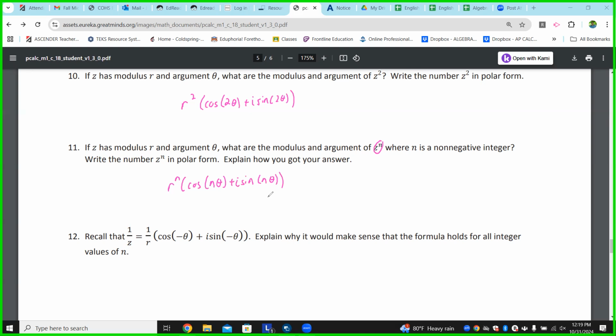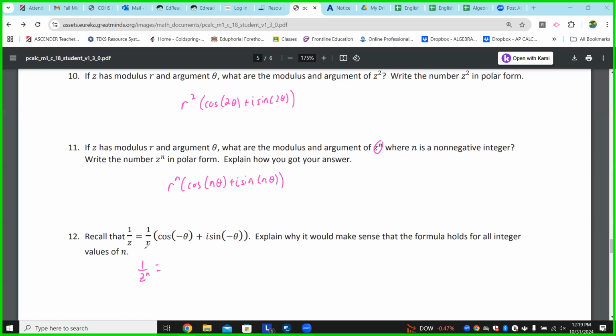One little last part here. When talking about dividing, is this going to be the same concept? If it's 1 over z, this is going to be 1 over r. And then remember to find its theta, we take 360 minus the theta. So this can be the same concept as 1 over z to the n. What this means is if you're asked to find 1 over 1 plus i to the 4th power, it's going to be the same process.